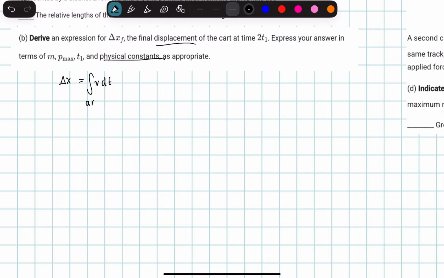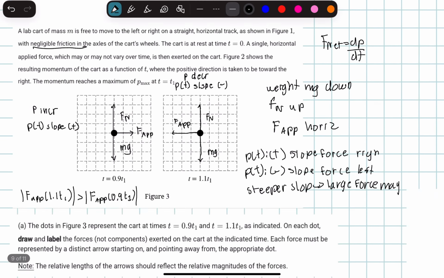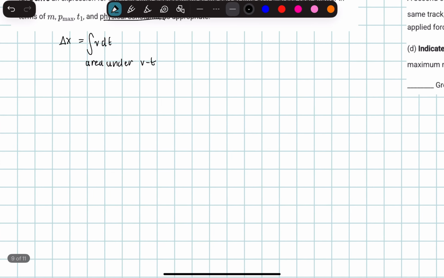But this graph that we have is momentum versus time, so how do we convert? We have the relationship p equals mv, so v is equal to p over m.